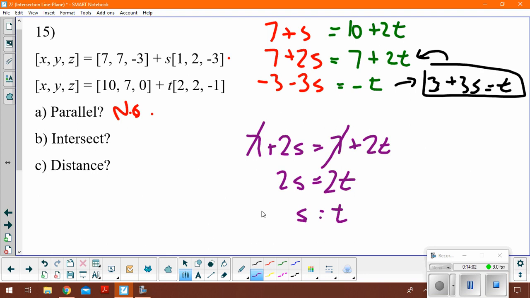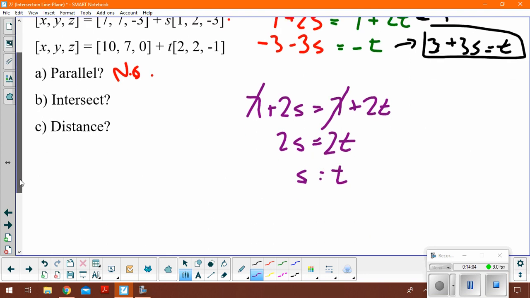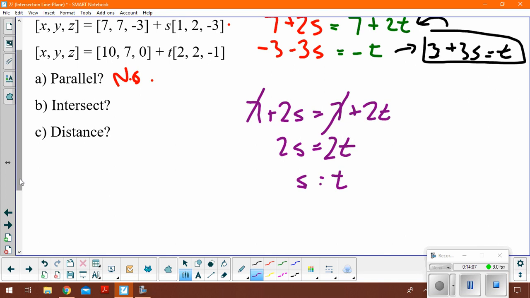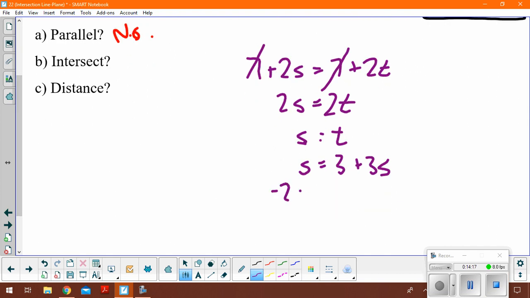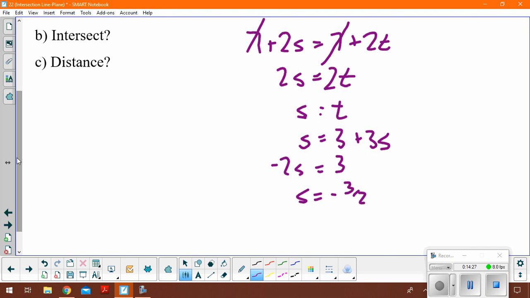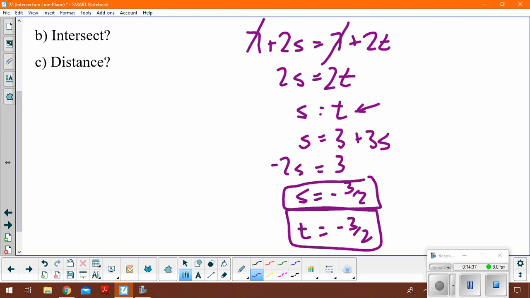Now let's substitute that in, and that is so much nicer than it was before. So s equals 3 plus 3s. That means negative 2s equals 3, and s equals negative 3 over 2. And s and t are supposed to be the same, so t must also be negative 3 over 2.